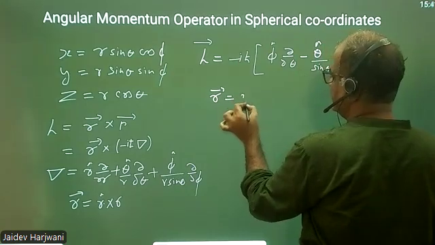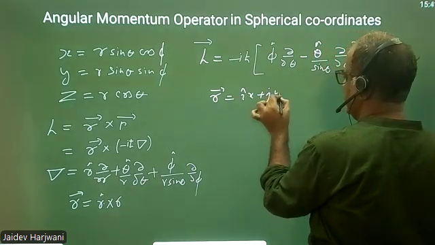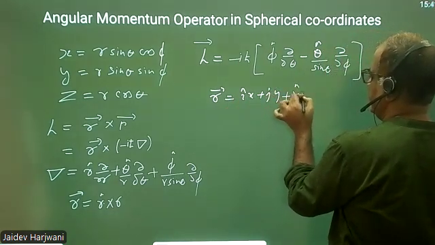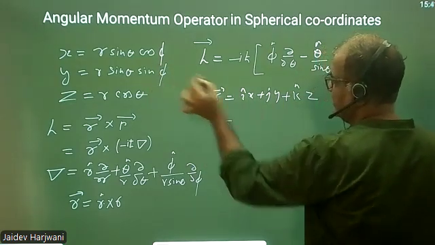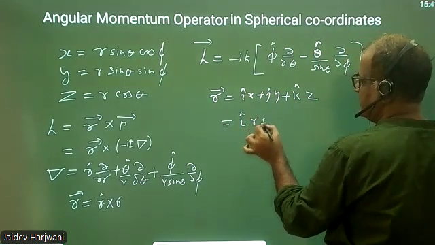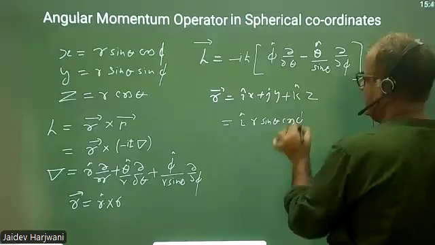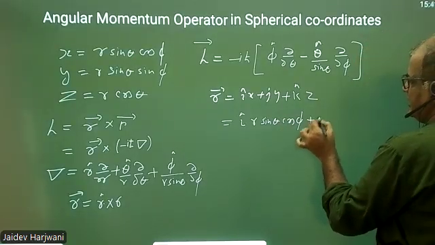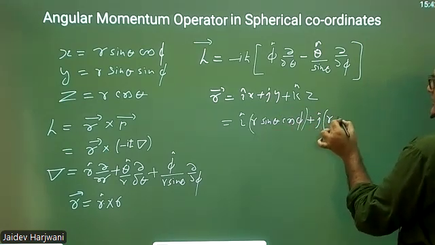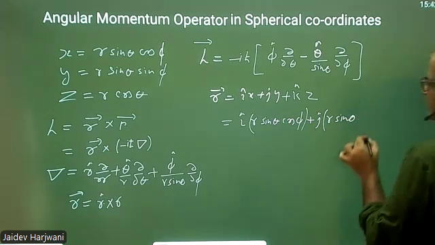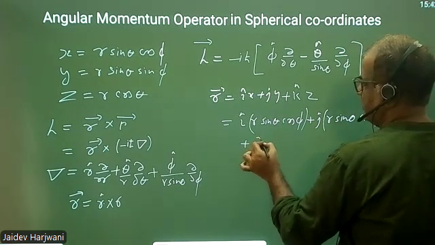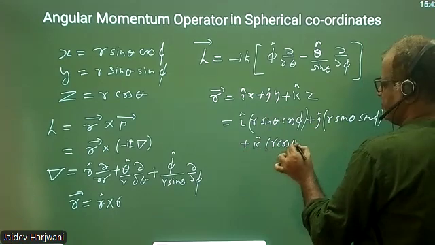So r can be written as î x + ĵ y + k̂ z, where x is r sinθ cosφ, y is r sinθ sinφ, and z is r cosθ.